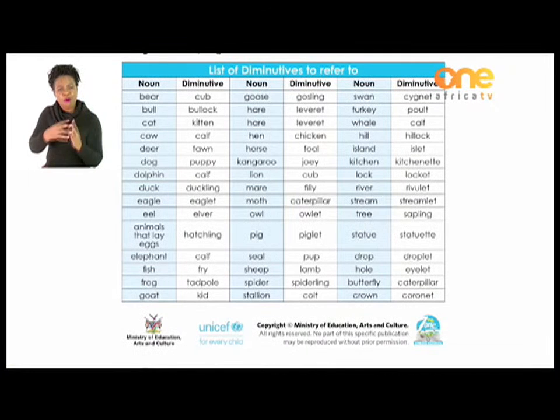Each time we will be turning to page 3 and look for the answers. There are quite a number of nouns and their diminutives. For instance, there's bear, cub, goose, gooseling, and then we also have the last ones, which is goat, kid, stallion, colt, crown, coronet, etc. Let's turn to page 4.